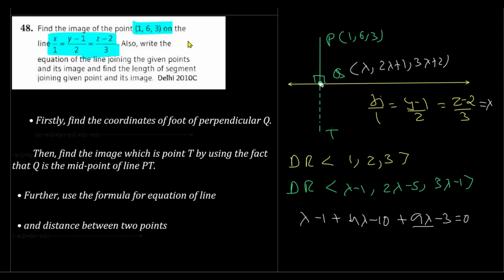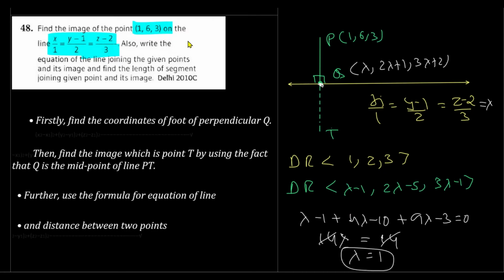This gives 14 lambda on one side and minus 14 on the other, so we can cancel and we got lambda equal to 1.